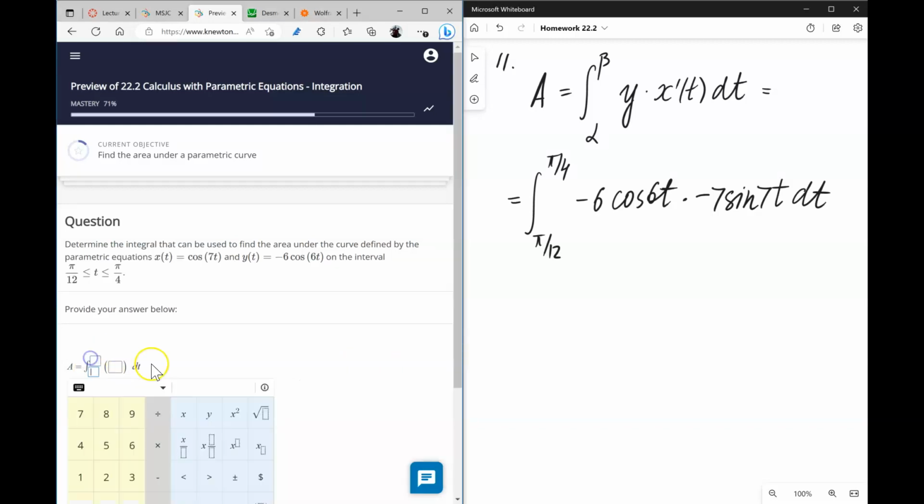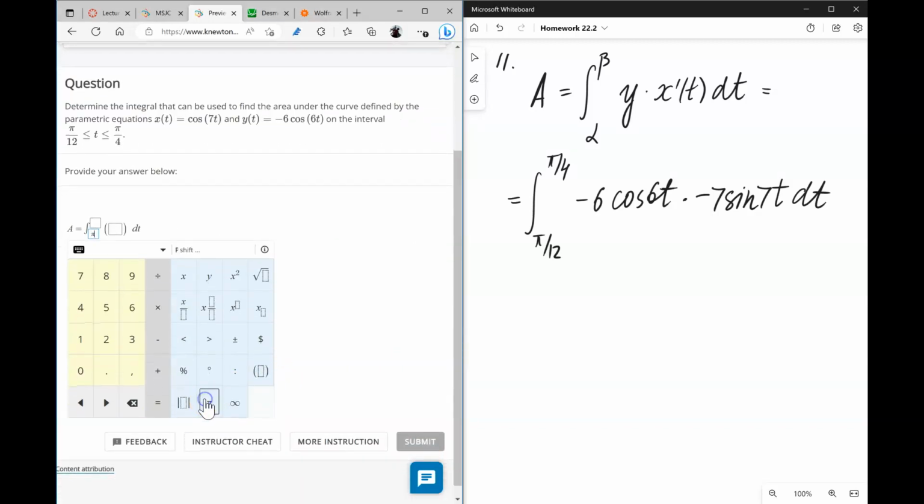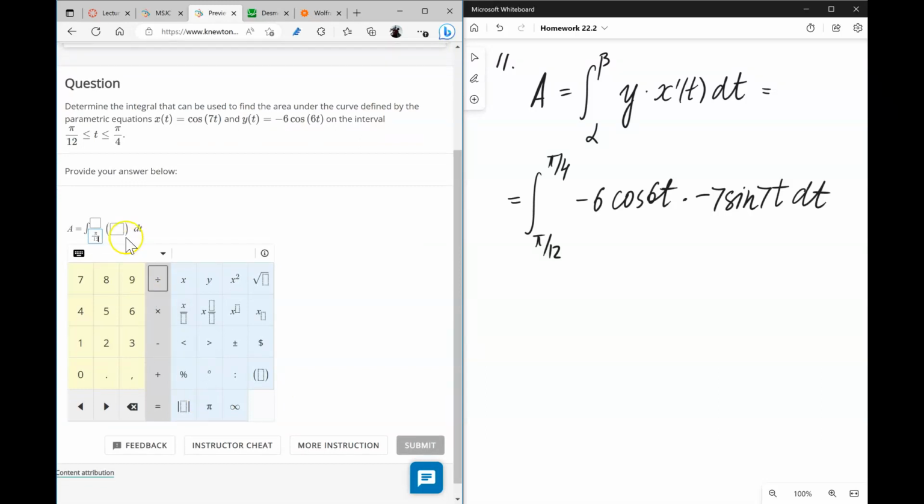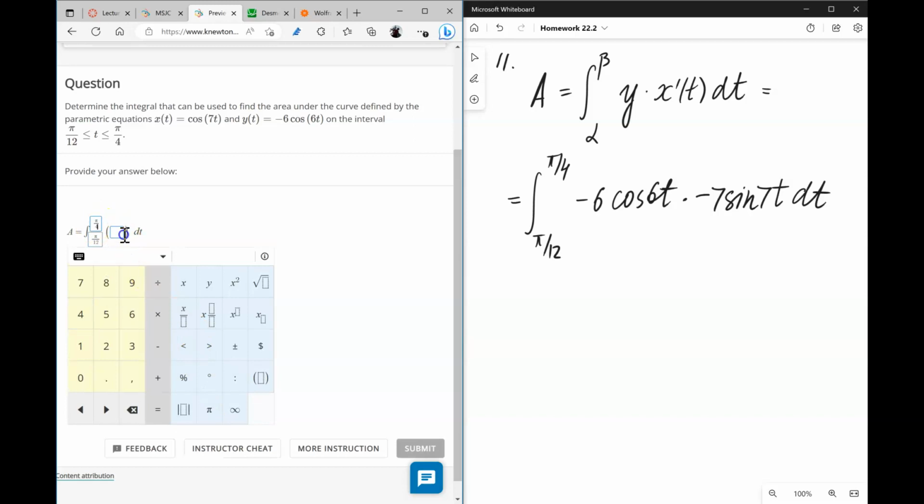And pi over 12, pi over 4, 42 cosine of 6t times sine of 7t.